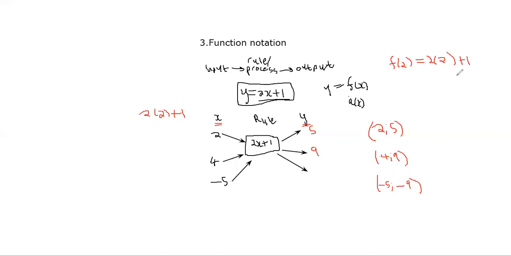If they say find f of 2 plus 4, now I want to see if you understand. What they are simply saying is, where there is x, f of 2 is like this. But they are saying to add 4, meaning you first do f of 2.